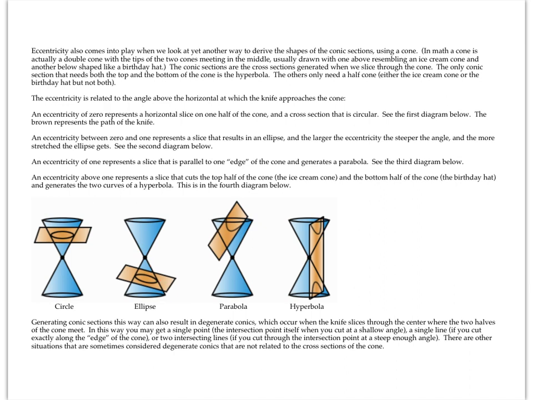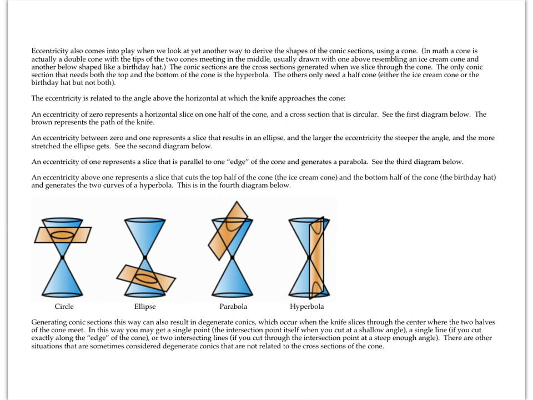Then you end up with an ellipse. It basically stretches out that circle a little bit to generate an ellipse. And the larger that angle is, the more extended that stretching is, so you get a longer and longer major axis on your ellipse.